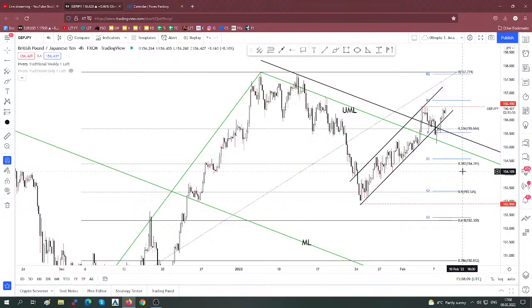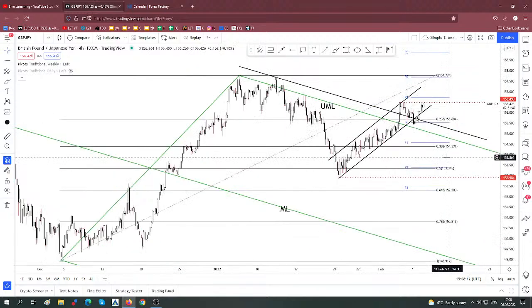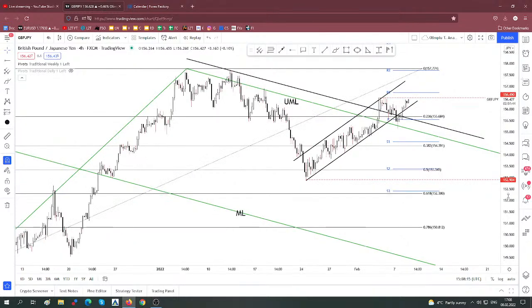So here, we had this up channel. Personally, I would have liked to see a valid breakdown. Unfortunately, you can see here that the price, the British pound versus the Japanese yen, failed to confirm its breakdown below the uptrend line.